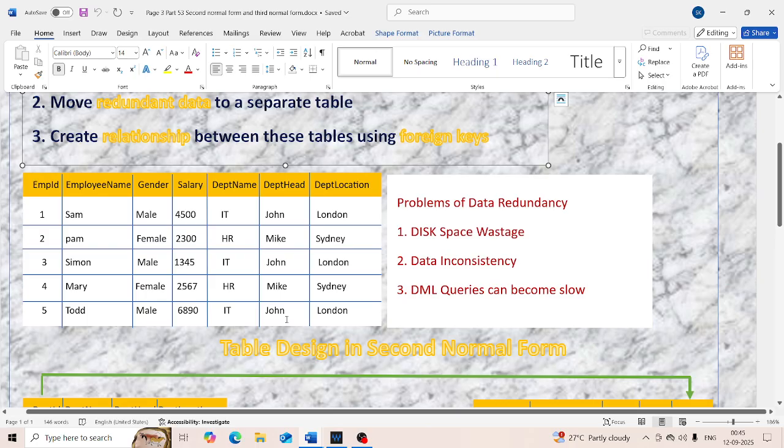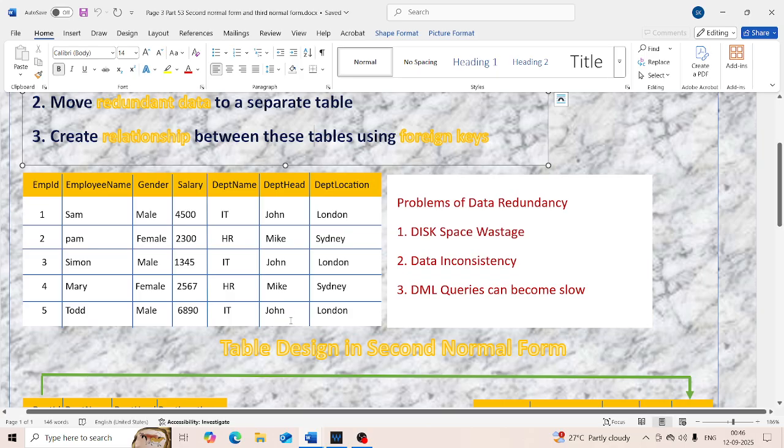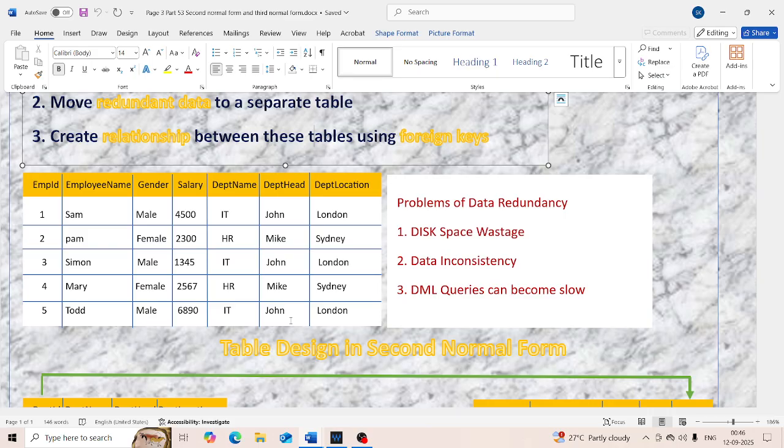And why are we in such a situation? Because you have duplicated data. Somebody updated a few rows, but they forgot to update the other rows, which is actually leading to data inconsistency.